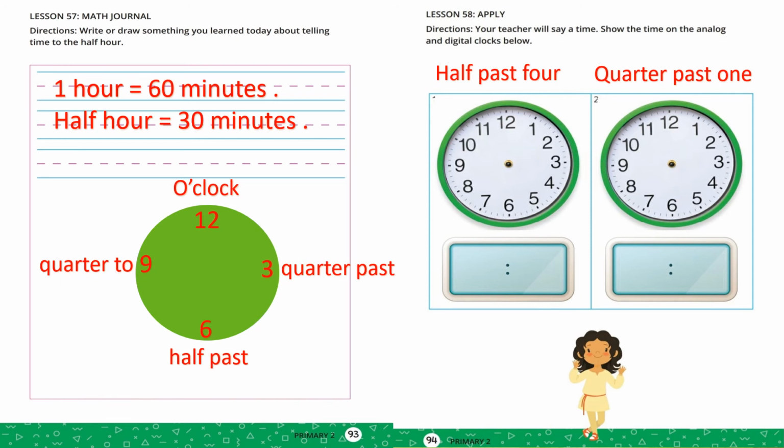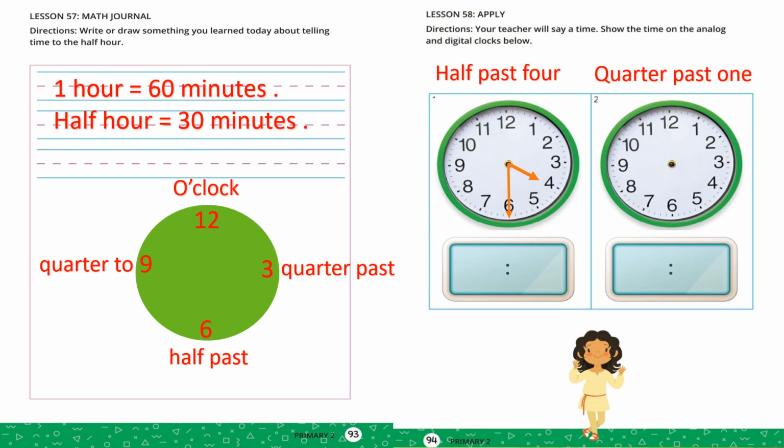Half past, it tells me that the minute hand or the long hand on 6, so we will draw the long hand on 6. Half past 4. 4 here, it tells me that the short hand or the hour hand on 4, so we draw the short hand on 4.